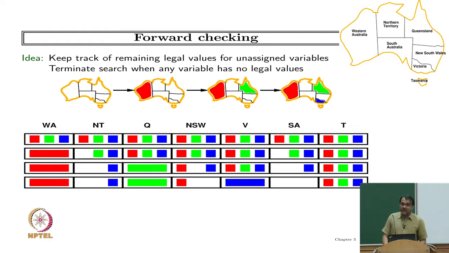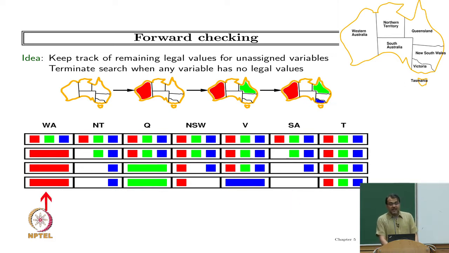And now, last but not the least, let us say we assigned Victoria blue, for whatever reason, going in some order. Now, is this state possible? This state is not possible because South Australia no longer has a value. Why?